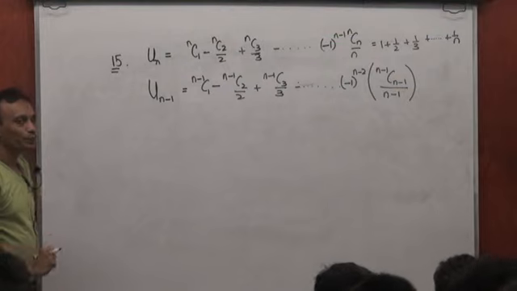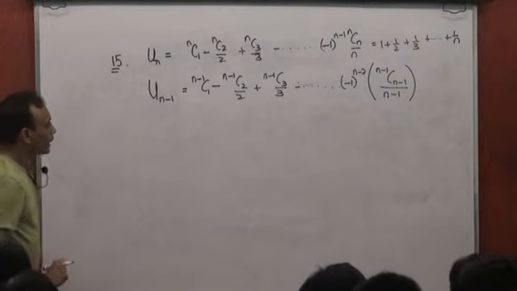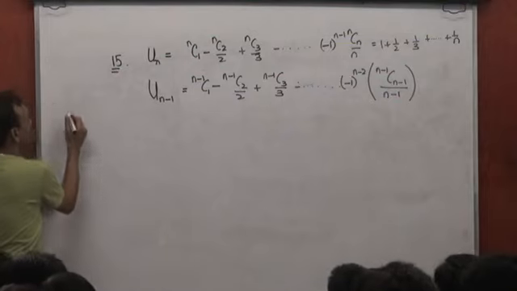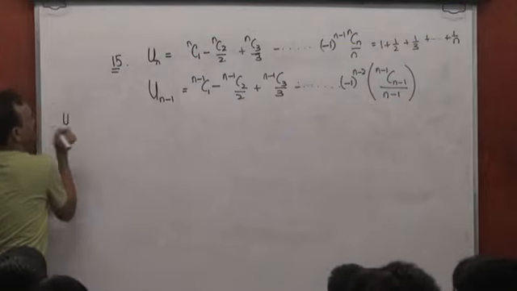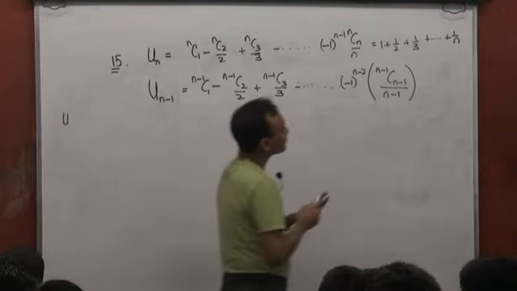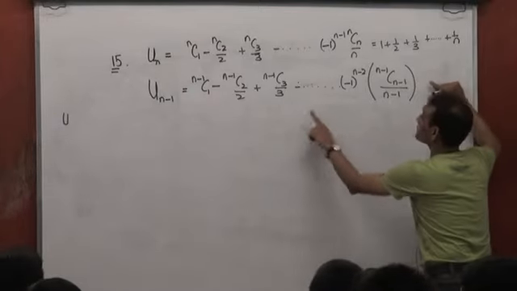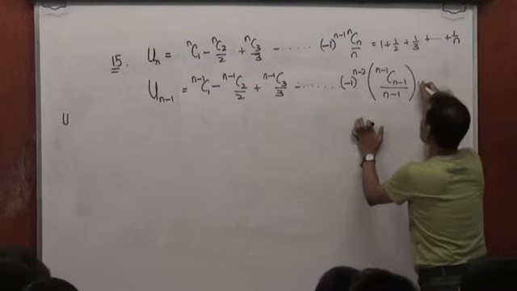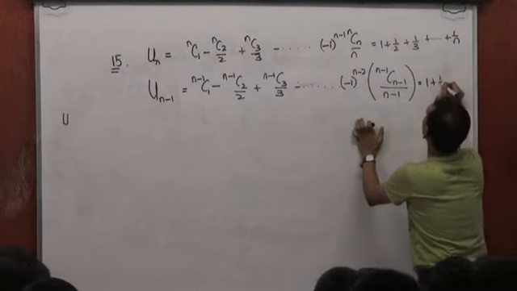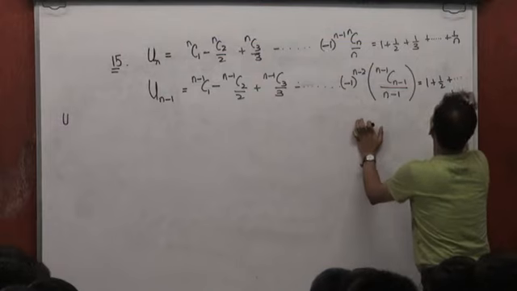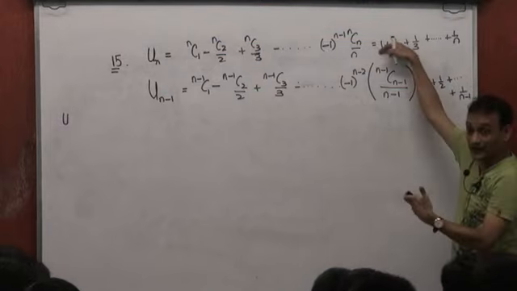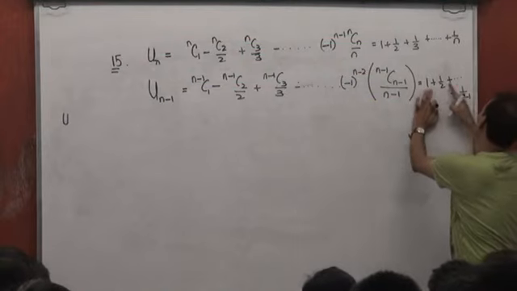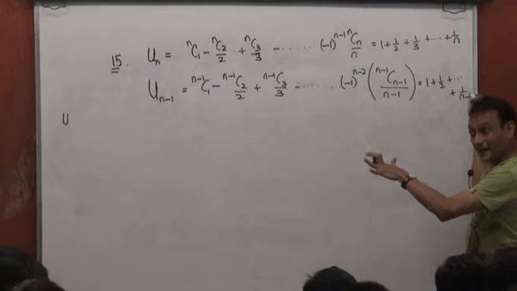Now, if I can establish one thing, you would expect that if un turns out to be 1 plus half plus up to 1 by n, then un minus 1 should turn out to be 1 plus half plus up to 1 by n minus 1, yes or no?